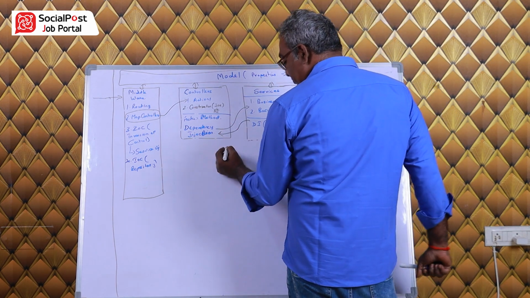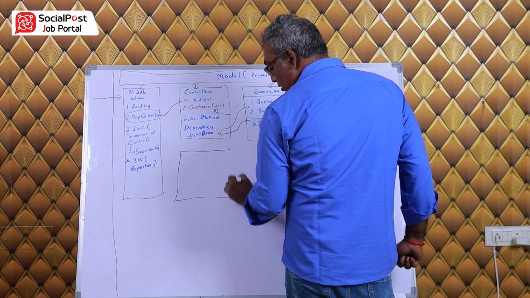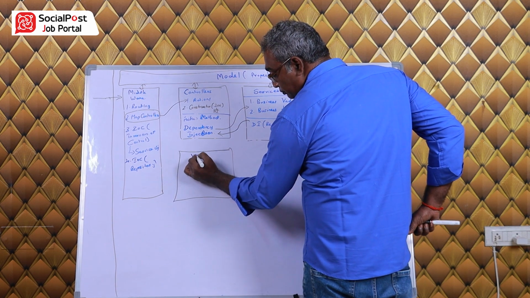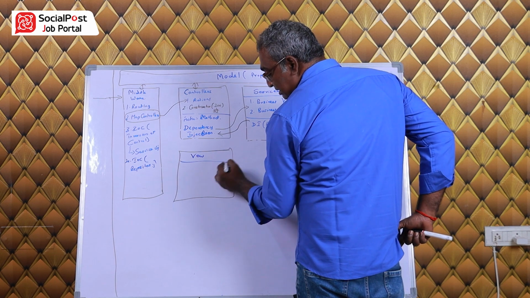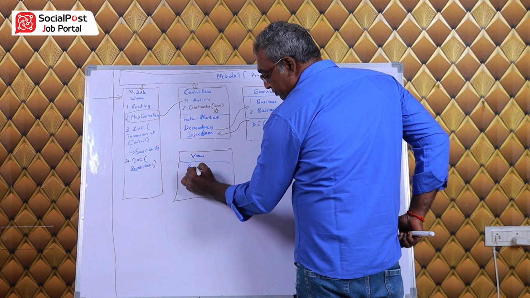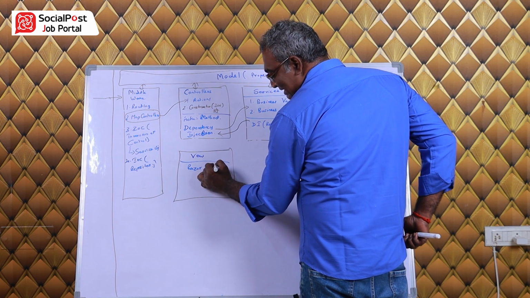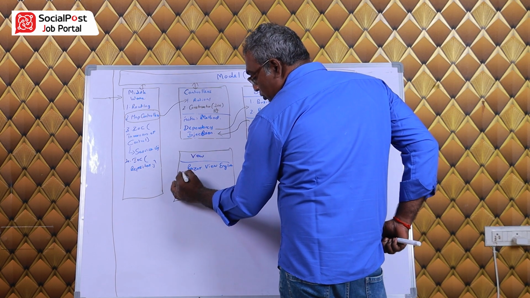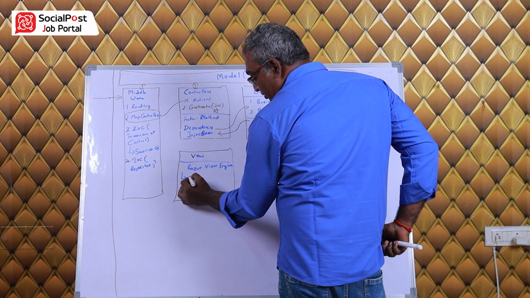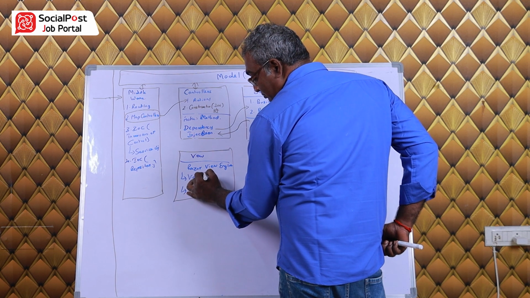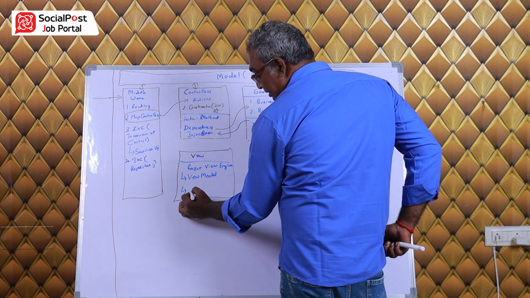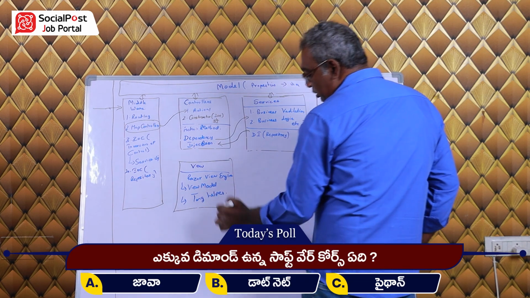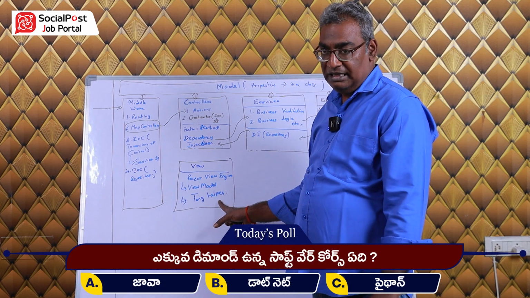What will happen? This will internally call a concept called view. This view has a concept, Razor view engine. Here I am going to have two more concepts. One is called view model, and I have tag helpers, which is one of the important concepts in ASP.NET MVC Core.